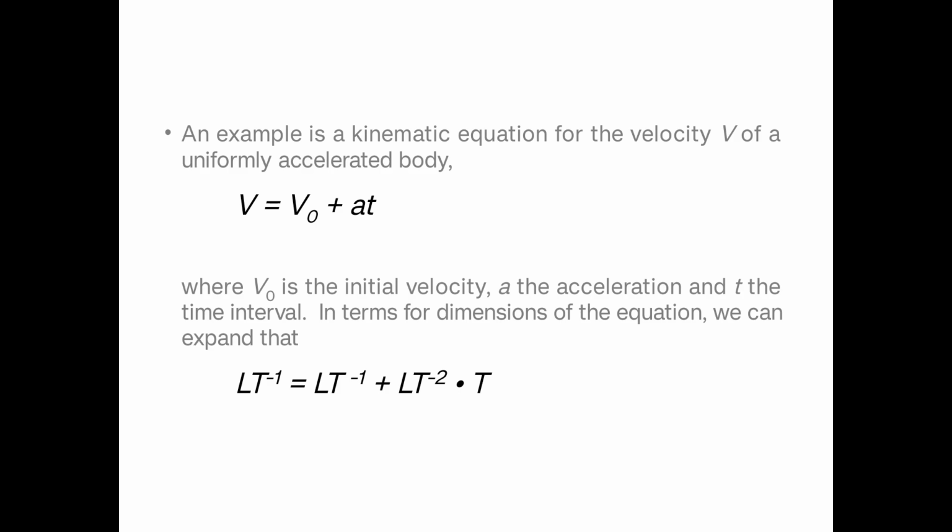So in terms of the dimension, if you express it, velocity is expressed as L divided by T, or L T raised to the power minus 1, which is equal to the same for the initial velocity. And the acceleration, as I mentioned, is meter per second square, which means L divided by T square.